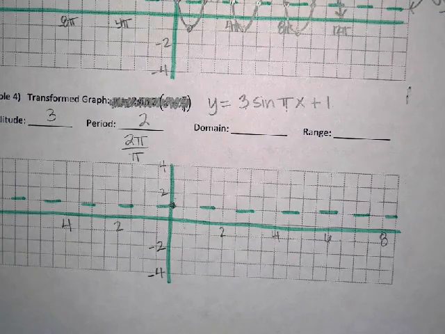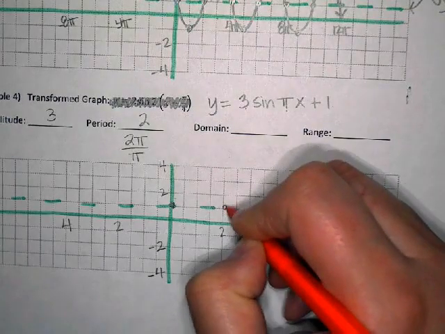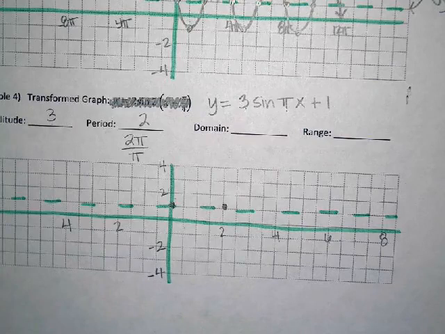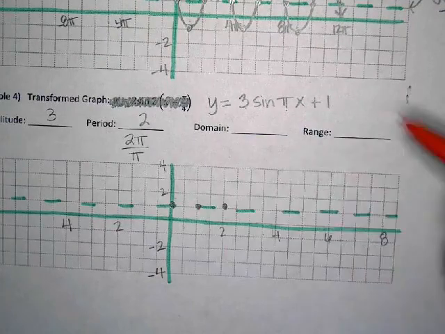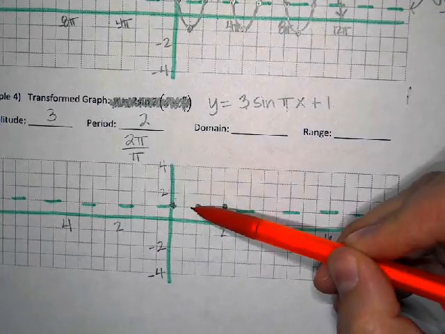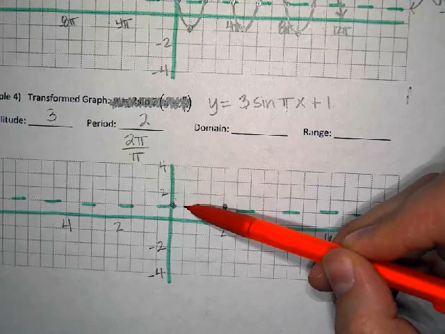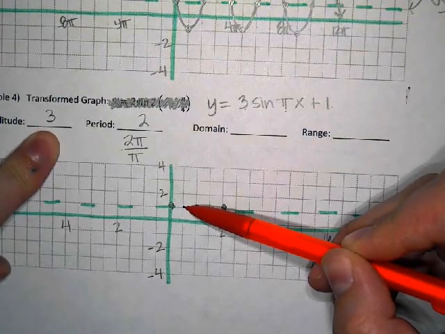And then between the first 2 points, what should I do? Go up 2? Go up 3, because my amplitude is 3. So I'm going to go up 3 boxes, okay? And then between my second 2 points, what do I do? Go down 3.